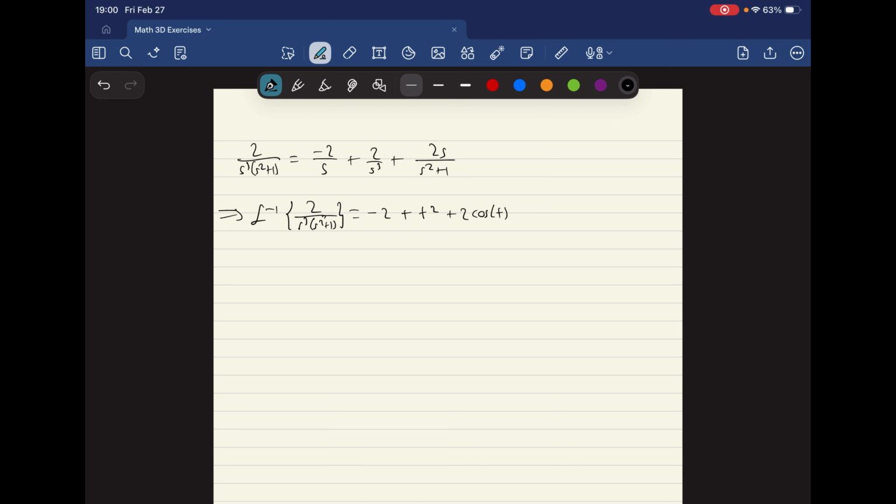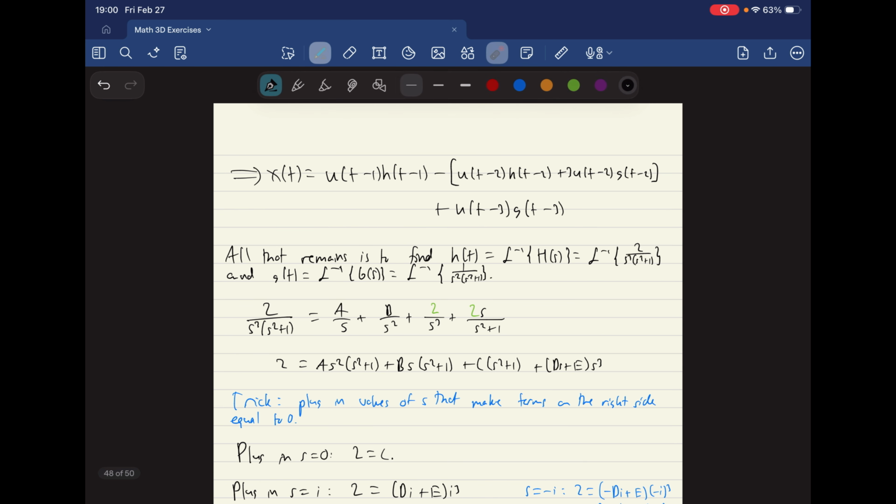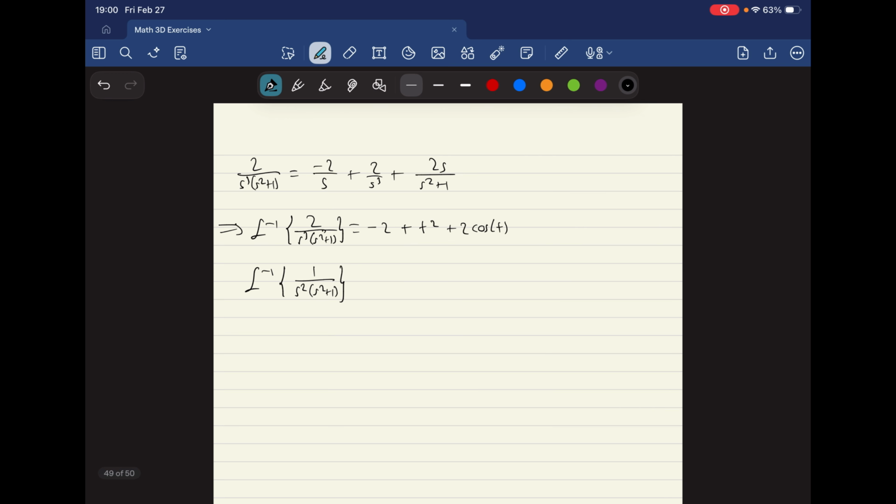Once again, I hope everyone got a chance to try and compute the partial fraction decomposition for this other Laplace transform that we need, which, if you'll remember, was 1 over s squared plus 1. And if you do the same calculation with partial fractions, this one works out to be t minus sine of t.